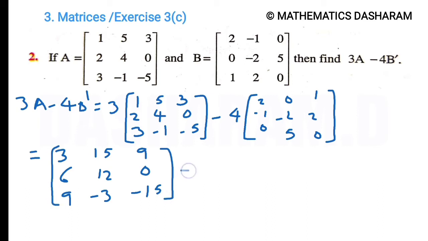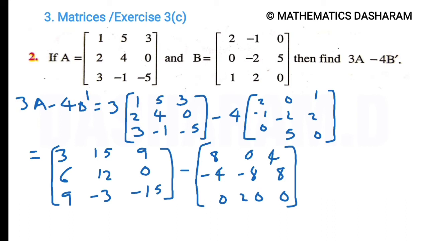Similarly, multiply 4 inside. 4 2s are 8, 0, 4, minus 4, minus 8, 4 2s are 8, 0, 4 5s are 20, 4 into 0, 0.